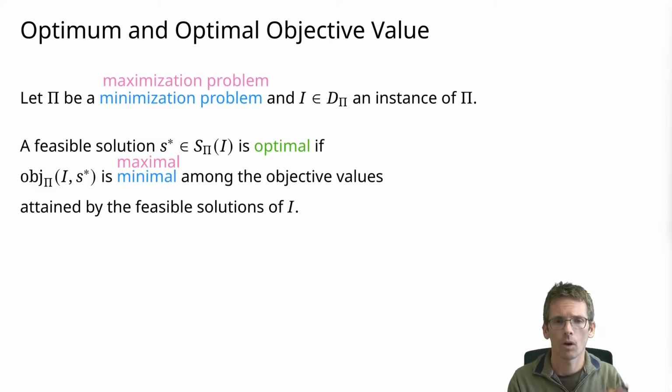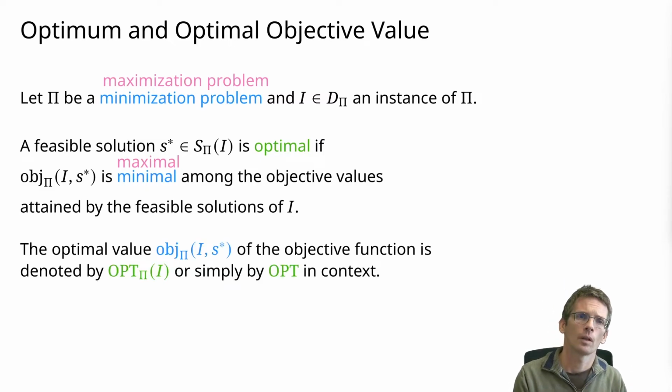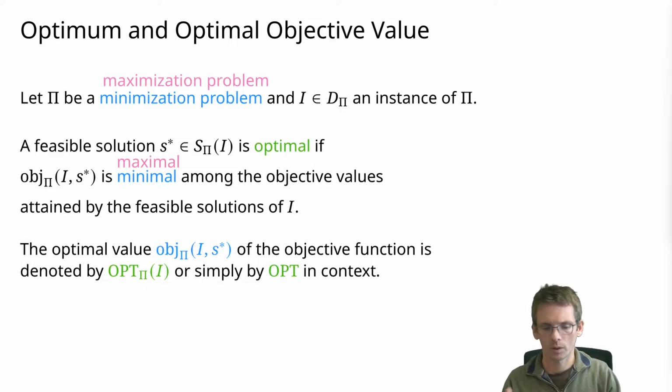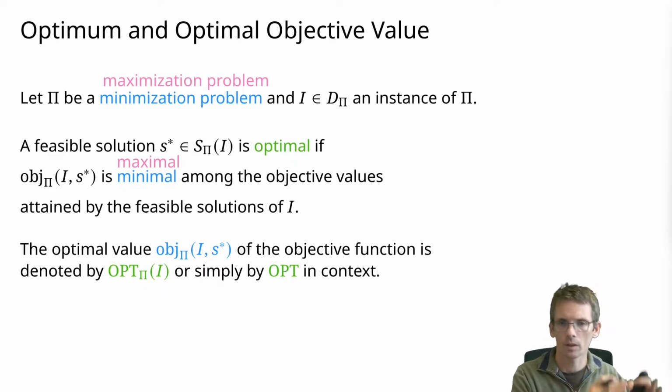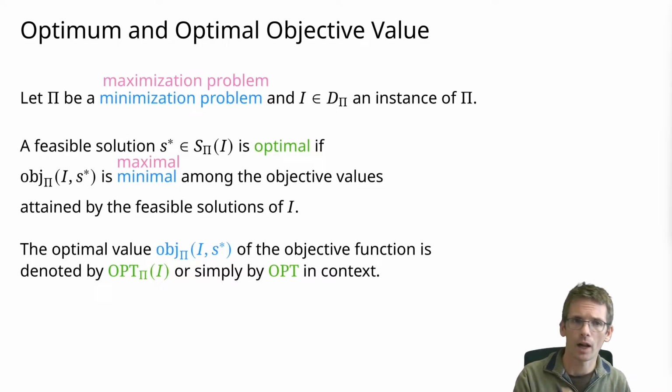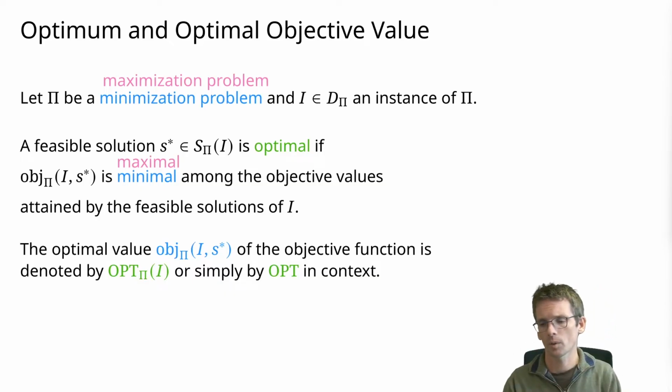And the optimal value of the objective function we then denote by opt. Or if we want to give also the problem and the instance, we additionally give that, but typically from the context that's clear, and then we just say opt, and that's the value of the objective function for an optimal solution.